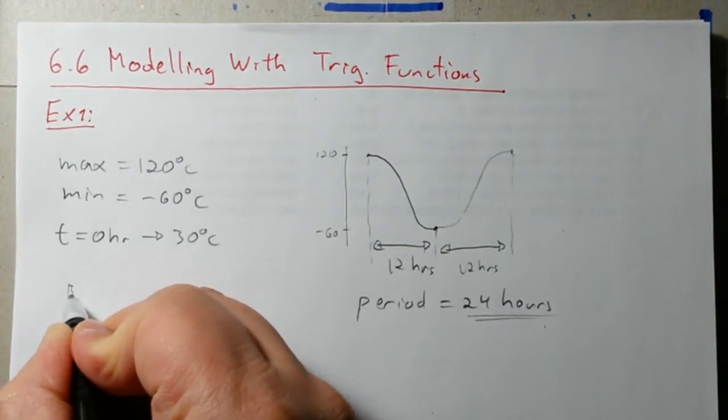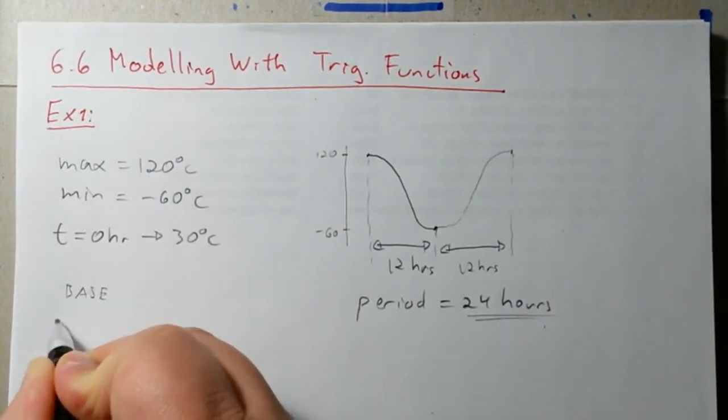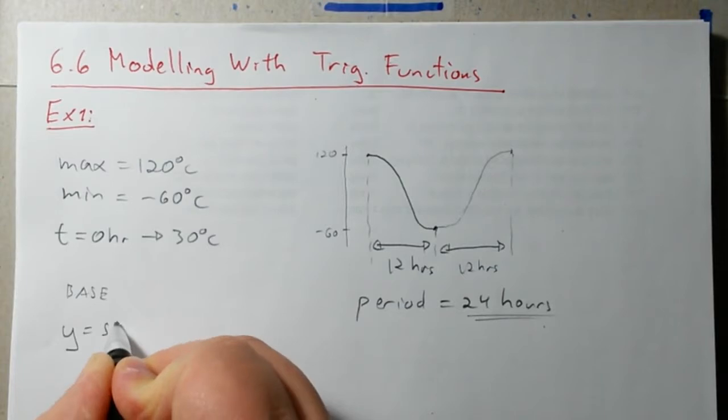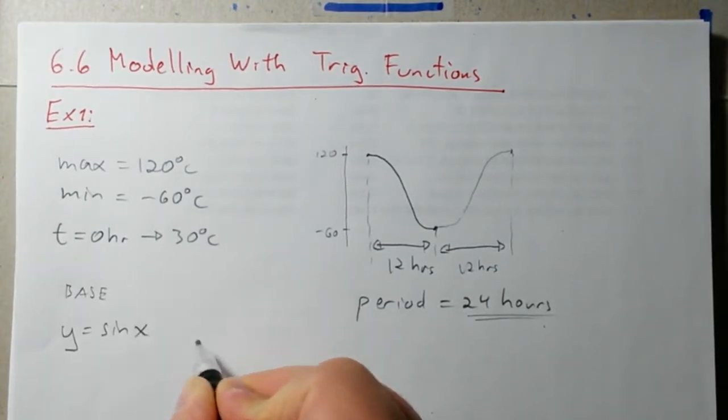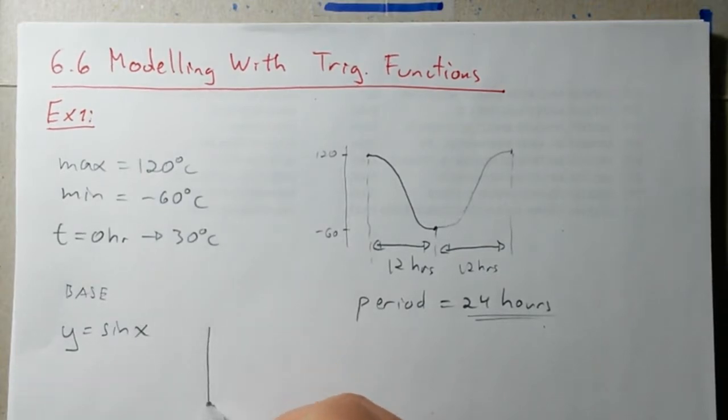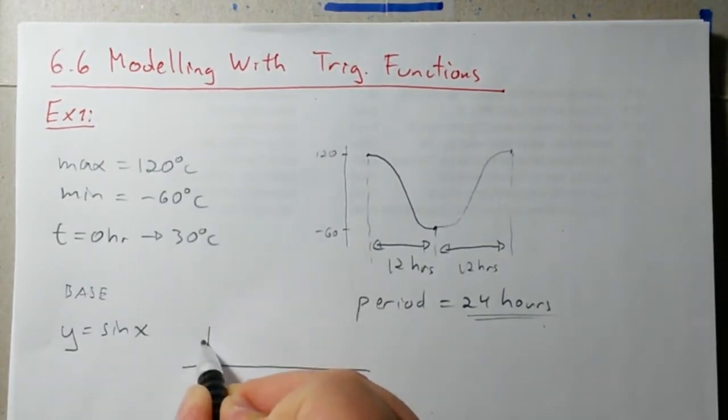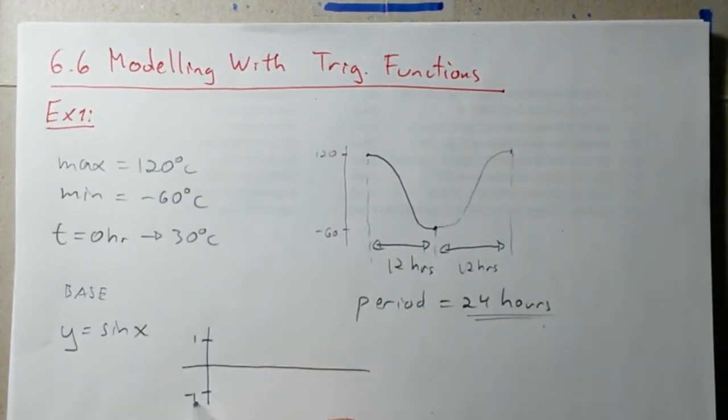A couple of things. The base function for this will be y equals sine x, which would look like this. So always have this as a reference. Make sure you know how to do these.